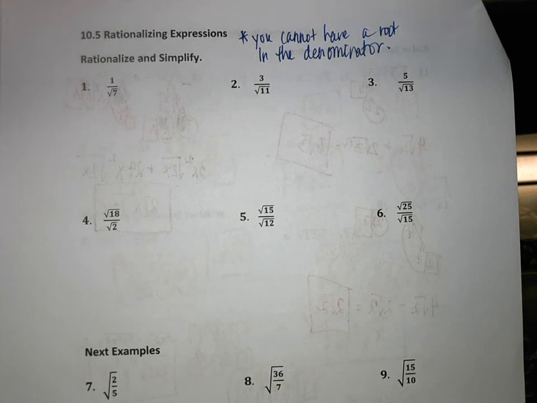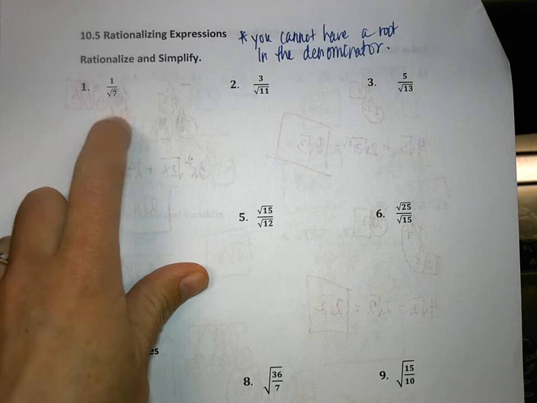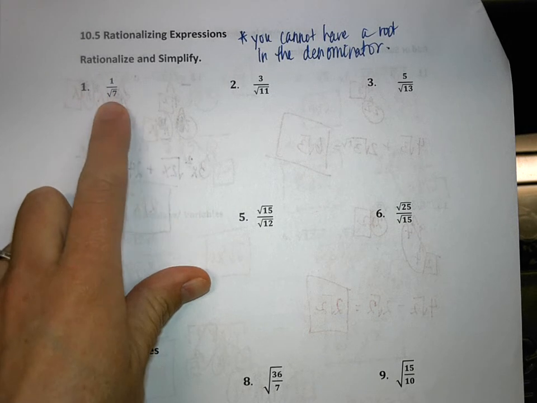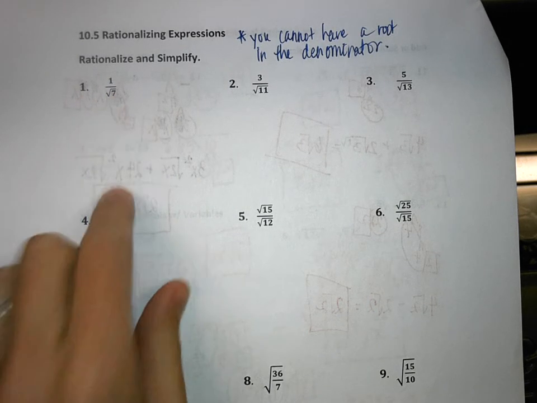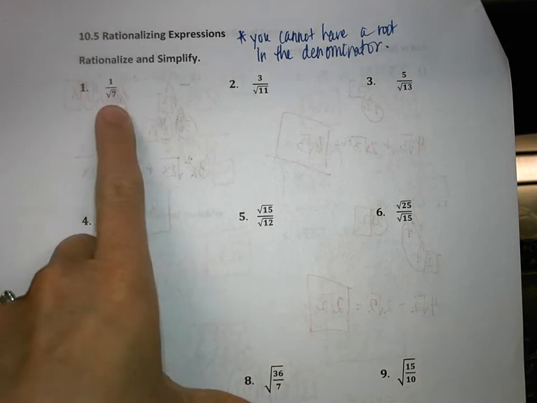Okay, so how could I get rid of that root in the denominator? What would be the one thing I would need to multiply by in order to eliminate the root? A square root of 7 on this one, right?